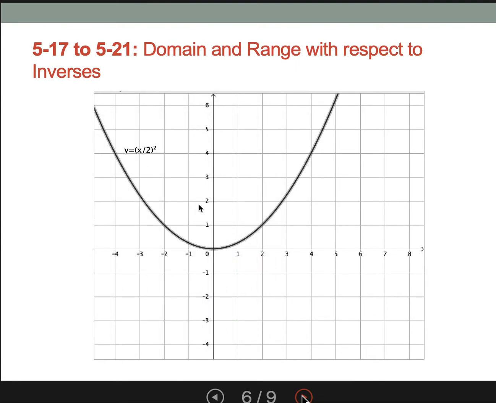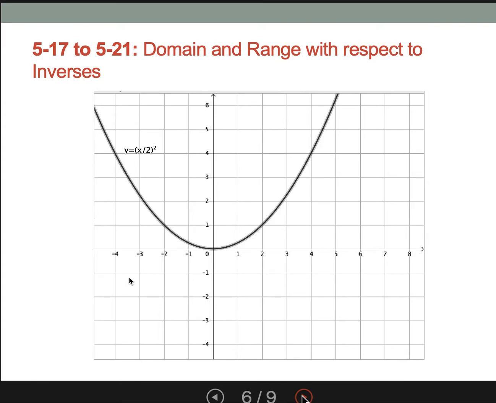Okay, so now we're going to get into what I was talking about, how that cubic function had a weird equation for the inverse. We talked about how the graphs of the functions are reflections over the line y equals x.